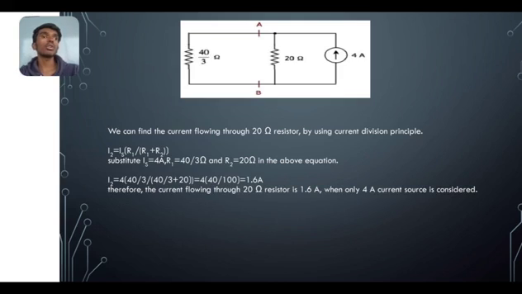Therefore, the current flowing through the 20 ohm resistor is 1.6 ampere when only the 4 amp current source is considered in this problem.